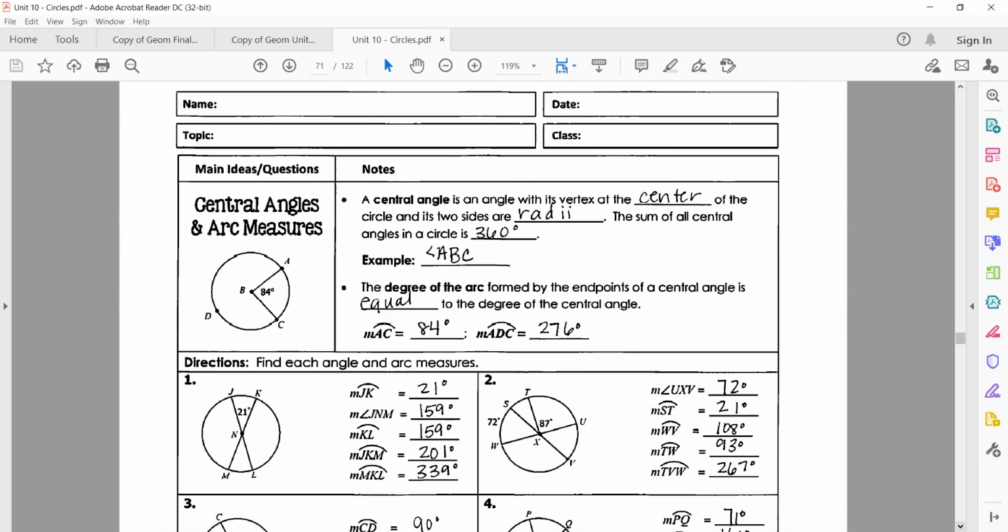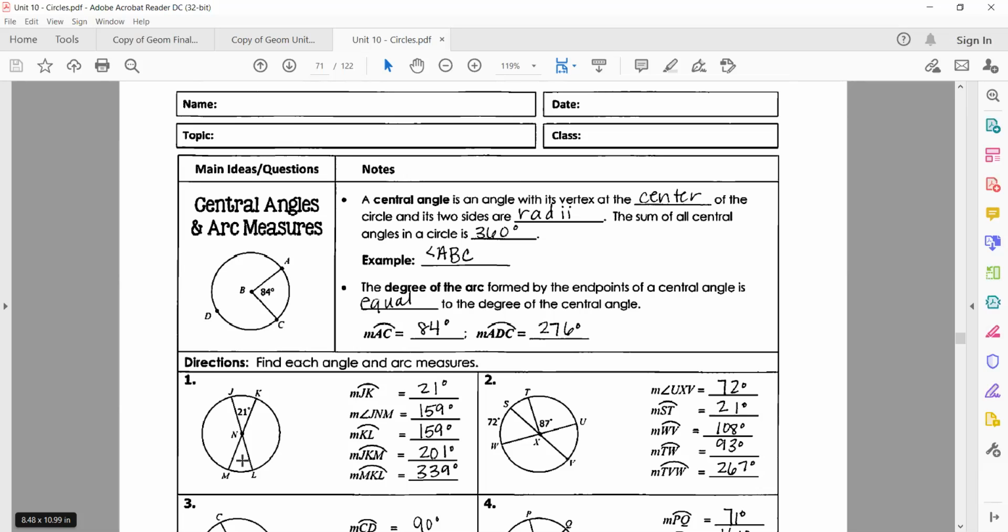Yep, 159. JKM. See, what did I say? These two total 42, so 159 plus 42, 201. Yep. MKL goes the other way. It's everything except for that 21 degrees there that's in that ML arc.